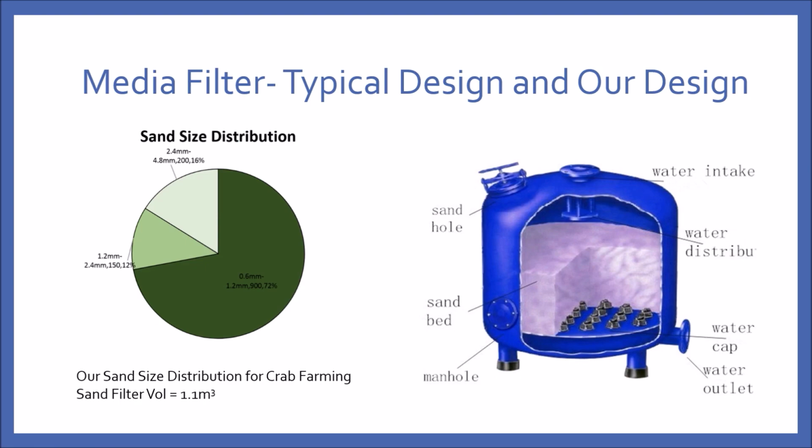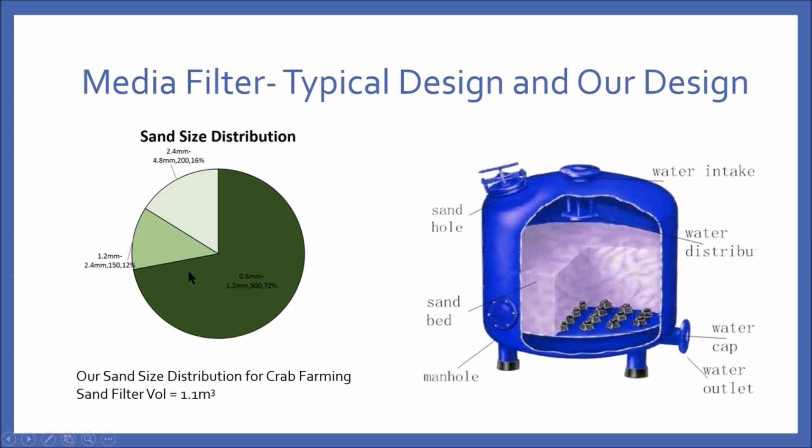In our case, we have shared the sand size distribution we are utilizing in our system. The sand filter volume is about 1.1 cubic meters, and 72% of it is sand of 0.6 mm to 1.2 mm, and 12% of it is sand with diameter from 1.2 mm to 2.4 mm.